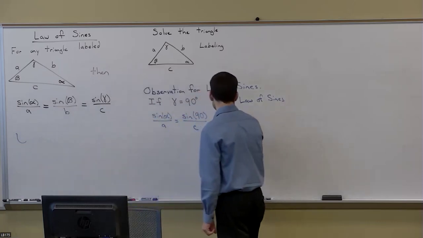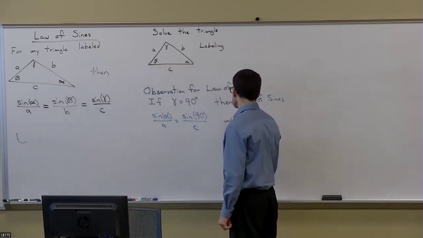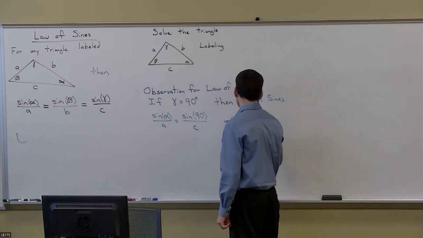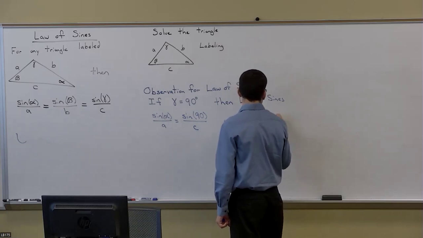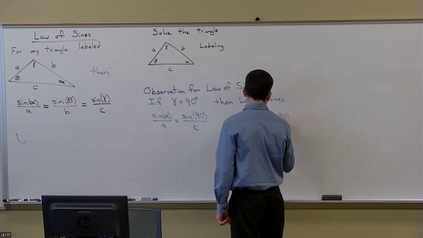And sine beta over B is equal to sine of 90 degrees over C.